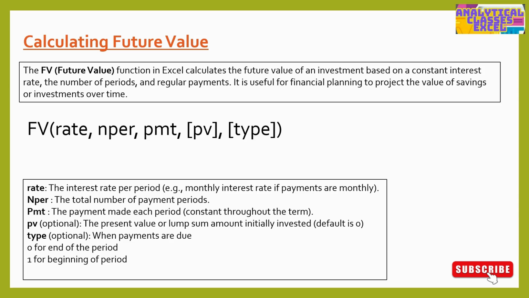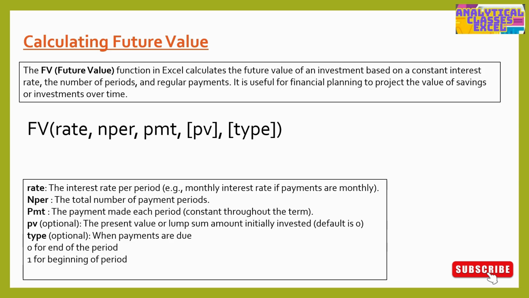So if you have invested something, like 10,000, and then you are paying every month 500, 500, 500, in this case the PV will be 10,000. It is optional because it will hardly happen that you invest something and over that investment you are regularly paying something.